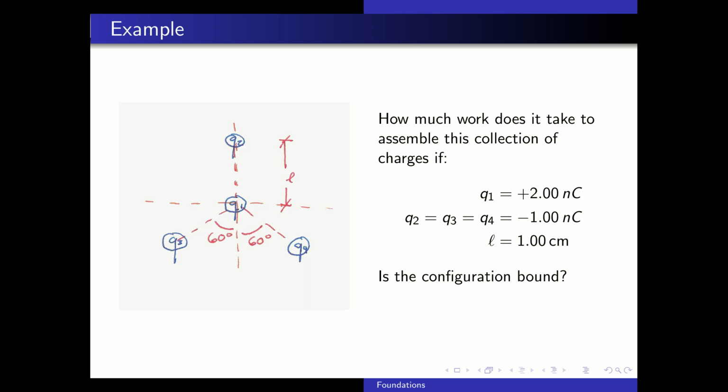They are all negative 1 nanocoulomb, and they're symmetrically spaced, so that each of the charges Q2, Q3, and Q4 is a distance L, 1 centimeter, away from charge Q1, and there is an angle of 120 degrees between Q2 and Q4, between Q3 and Q4, between Q2 and Q3, as viewed from charge Q1. So we have a sort of symmetric distribution here. And I want to know how much work it takes to assemble this collection of charges and whether or not the collection is bound.